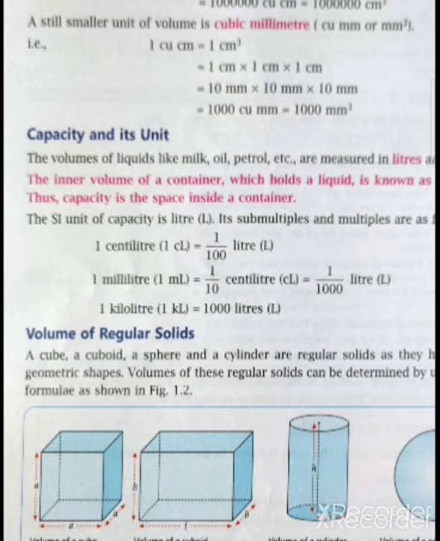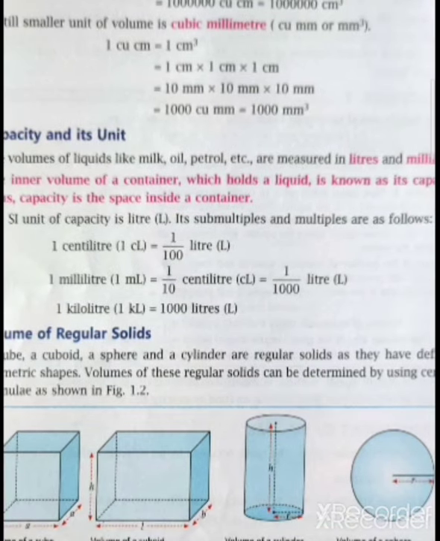And the volume of a cylinder can be calculated by multiplying the area of base, that is pi r square, into the height of the cylinder, h. Hence the formula will be V is equal to pi r square h, where r is the radius of the base and h is the height of the cylinder.